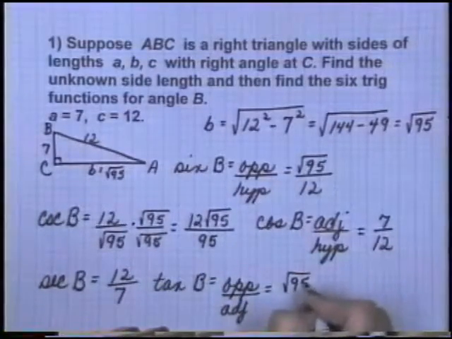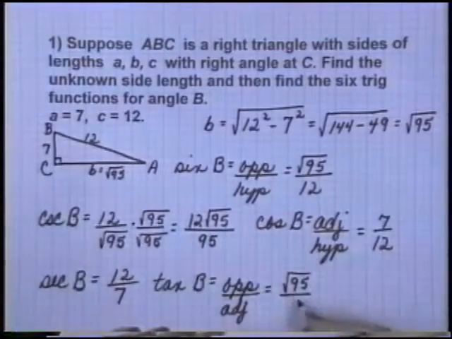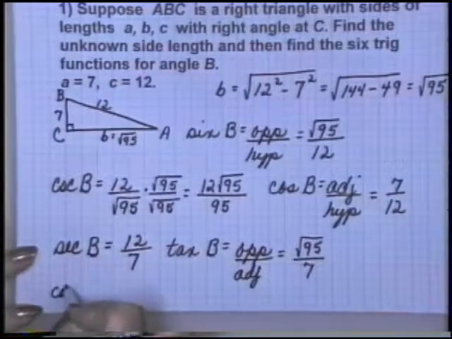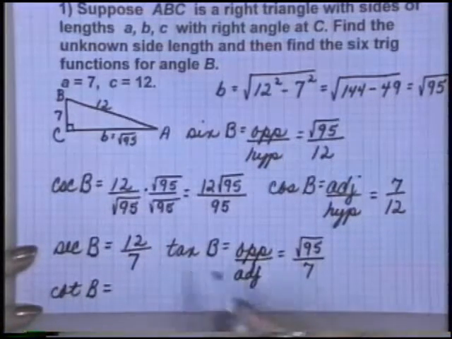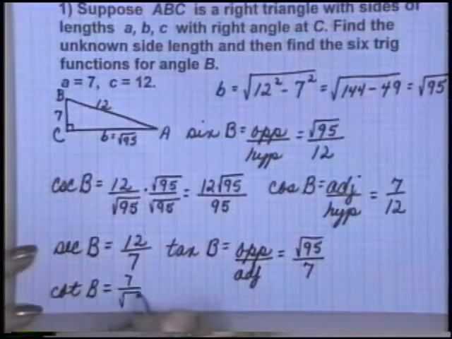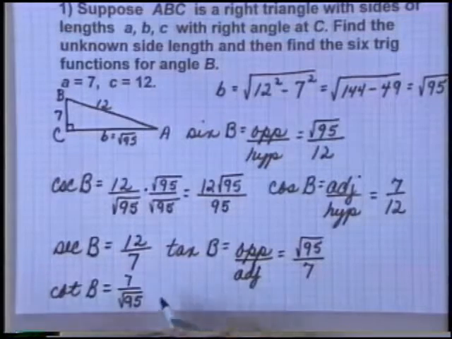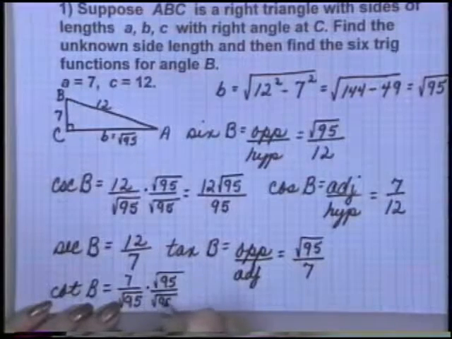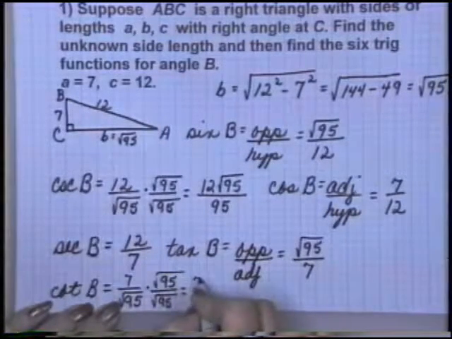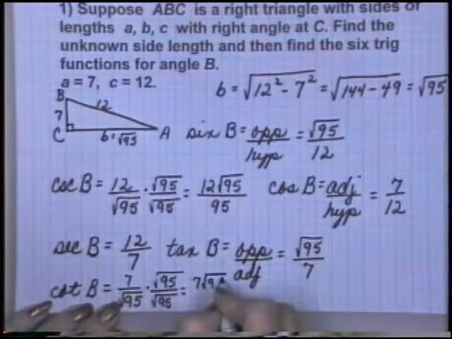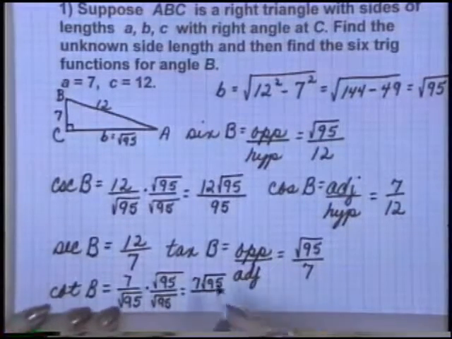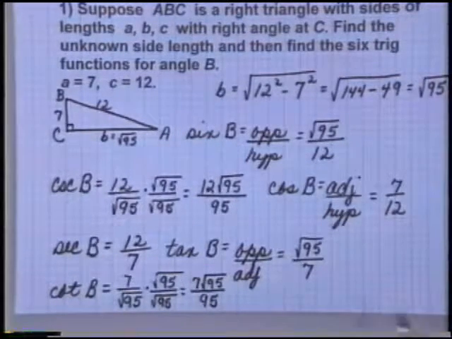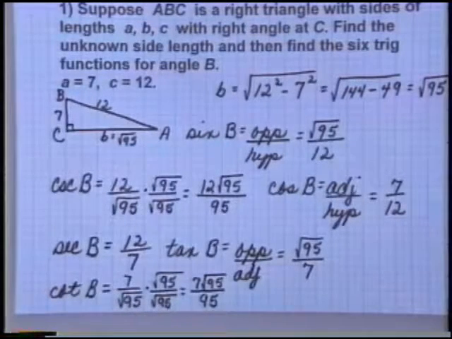Opposite angle B is the square root of 95, adjacent is 7. And then let's find the cotangent of angle B by using the reciprocal of the tangent, which would be 7 divided by the square root of 95, and then we'll rationalize. In the numerator we'll have 7 times the square root of 95, and in the denominator we'll have 95. So that would be the 6 trig functions of angle B.